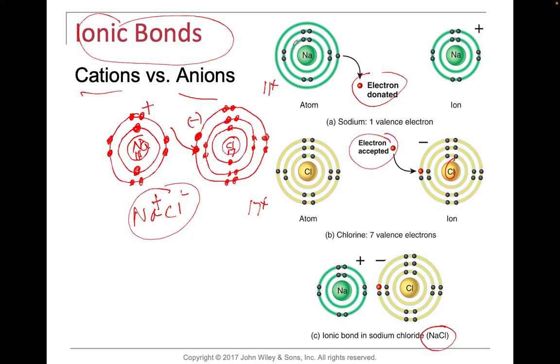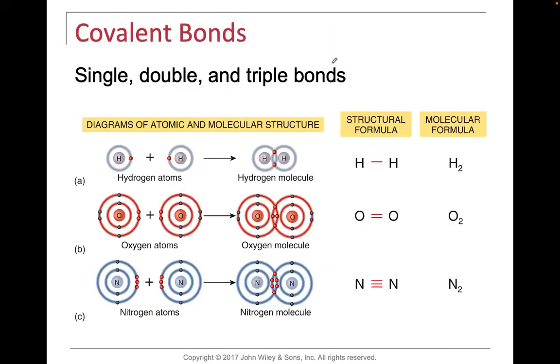Remember the rules. 2 go in the first shell, 8 have to be in a second. If it needs to add a third, fine, but there also has to be 8 in that outer shell. Otherwise, it's unstable. So that's an ionic bond. That's a give and take type of relationship.